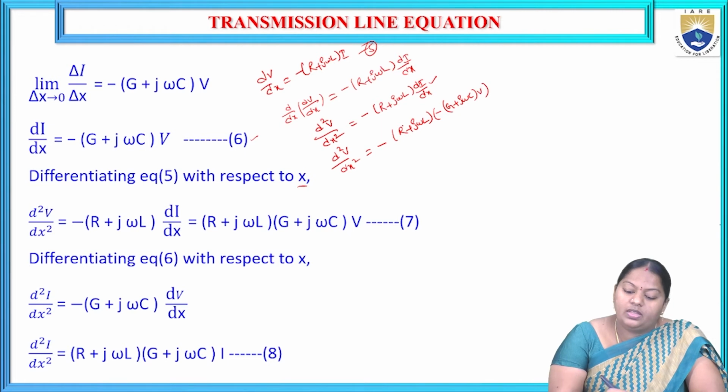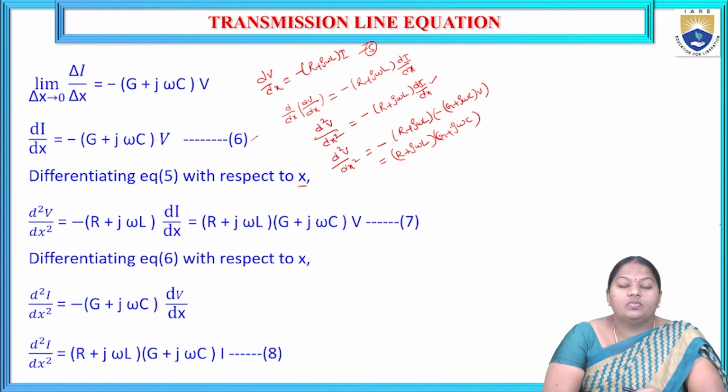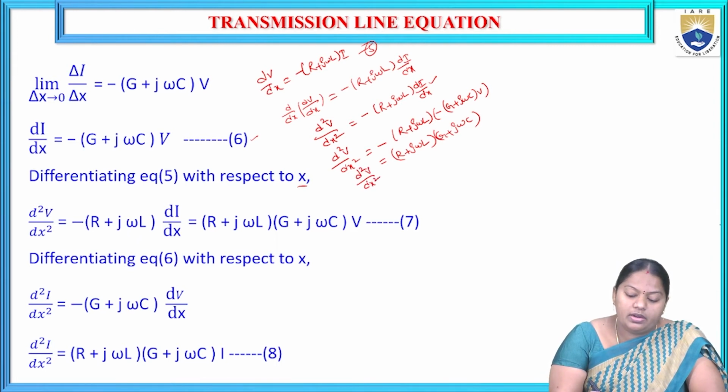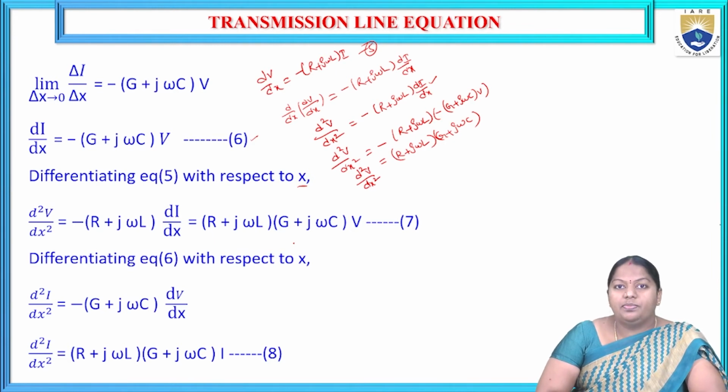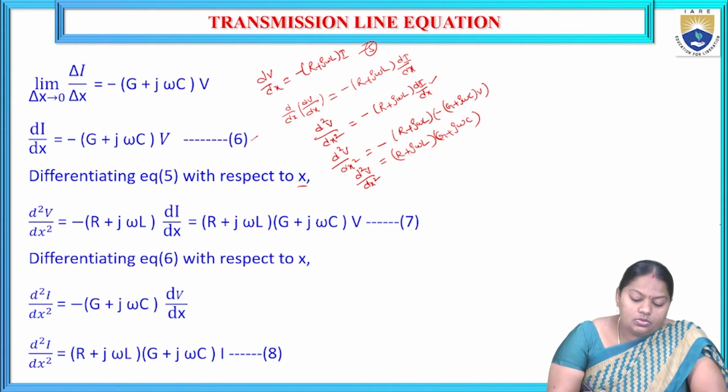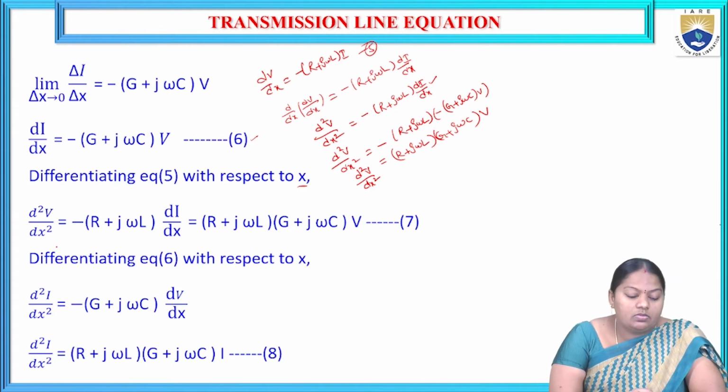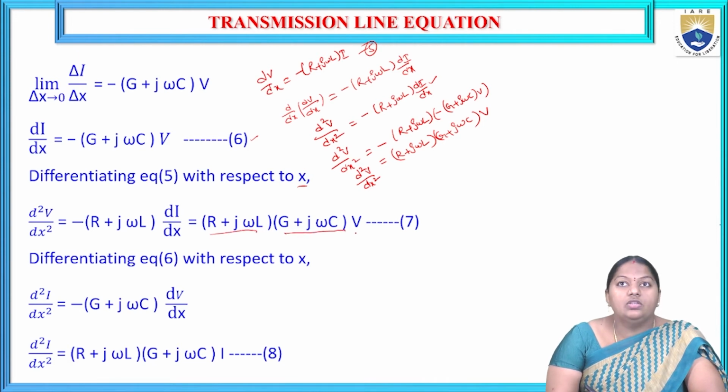minus into minus becomes plus, then r plus j omega L into g plus j omega C. That is d square v by dx square equal to r plus j omega L into g plus j omega C, and then into v also exists. So if we differentiate equation number 5 with respect to x, and substitute di by dx by this equation, minus of g plus j omega C into v, then it becomes r plus j omega L into g plus j omega C into v.